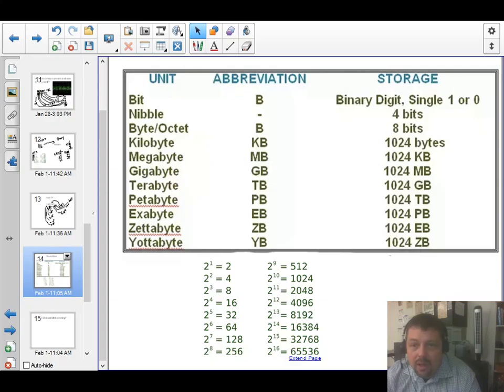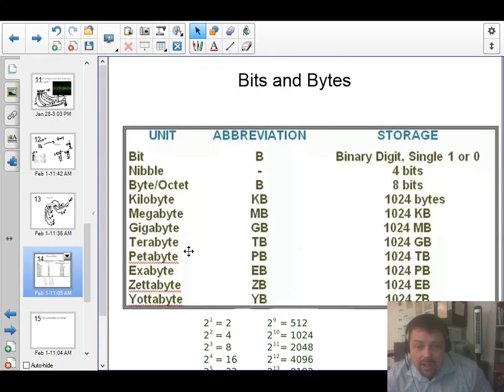So every megabyte is 8,388,608 ones and zeros. That's a big old long list of ones and zeros. That's a megabyte. And then a gigabyte, a term we use more often with computers today, is 1,024 megabytes. And again, 1,024 times 1,024 times 1,024 times 8 ones and zeros is a gigabyte.